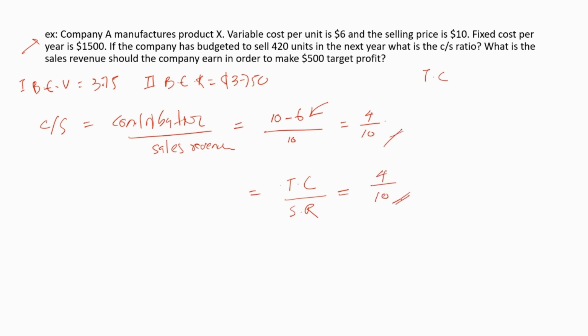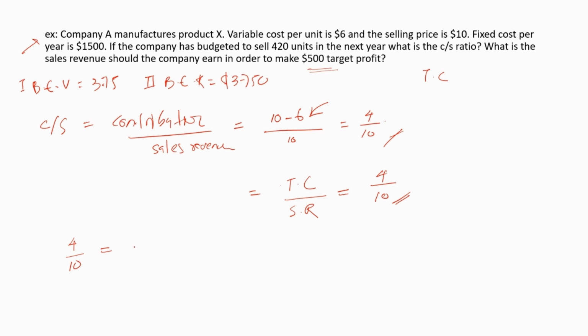Remember that the CS ratio for a single product manufacturing company is constant. Now let's go to the next requirement. What sales revenue should the company earn in order to make a 500 target profit? Now we know the CS ratio is constant. So the CS ratio for this company is 4 over 10, which is equal to contribution over sales revenue.